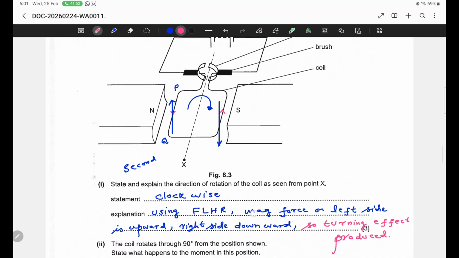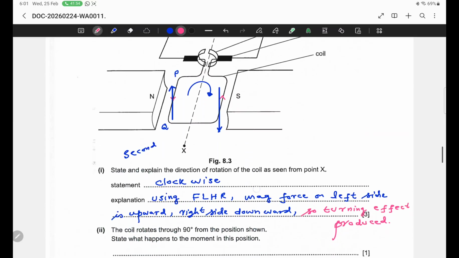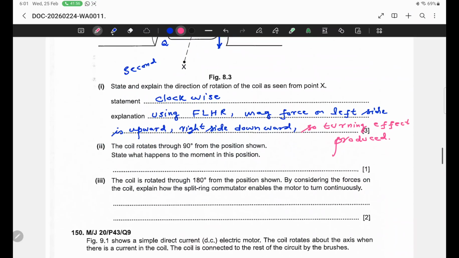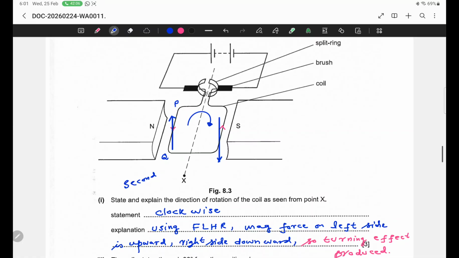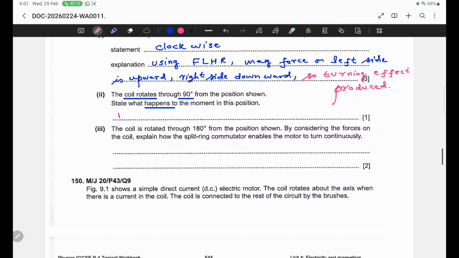And right now, the coil is horizontal. And the question is, when the coil rotates 90 degrees from the given position, what happens? When it has turned 90 degrees, no current will pass through the coil.